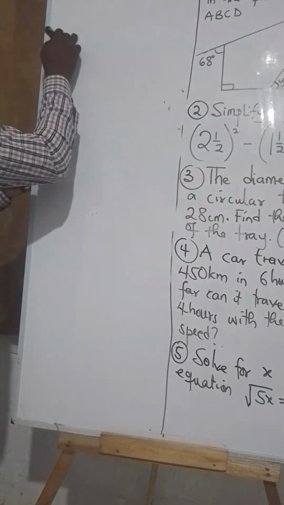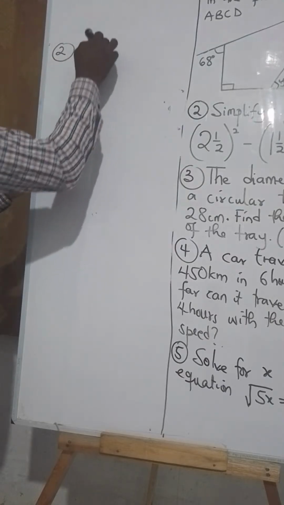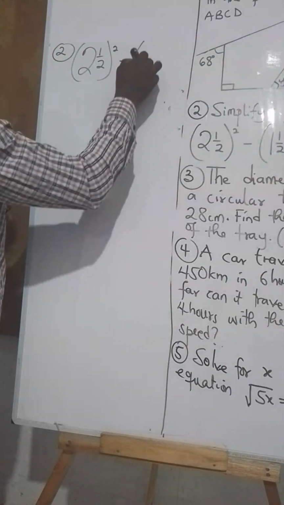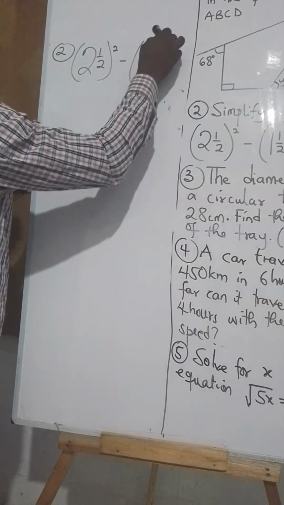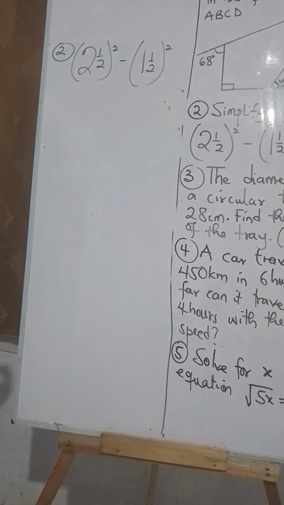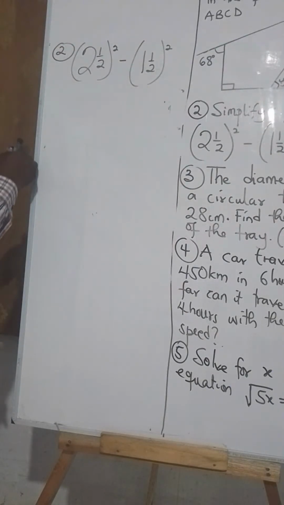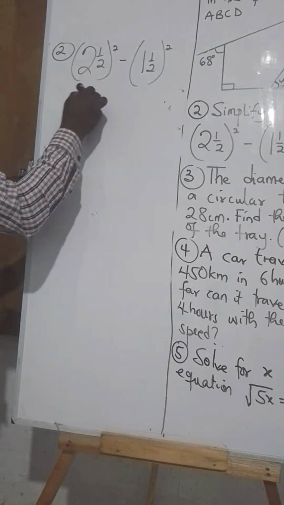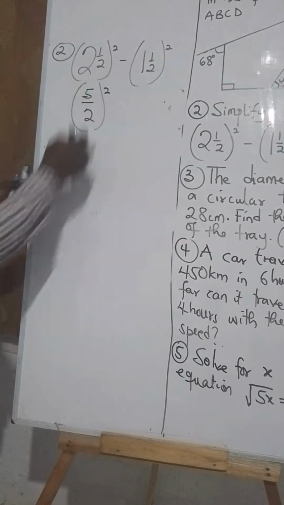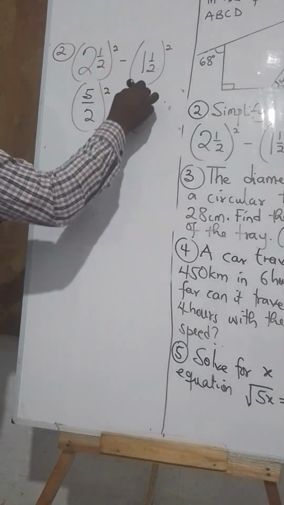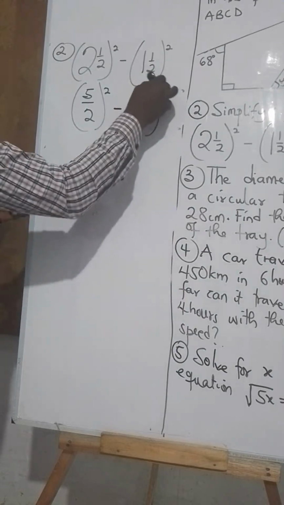We are given 2 whole number 1 on 2, all squared, minus 1 whole number 1 on 2, all squared. For this one, I have to change the mixed fractions to improper fractions. 2 by 2 is 4 plus 1, that is 5, so 5 on 2 all squared, minus 3 on 2 all squared.